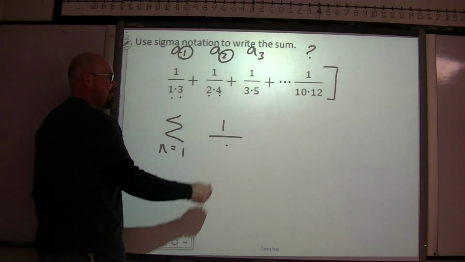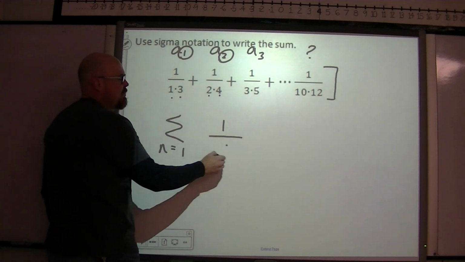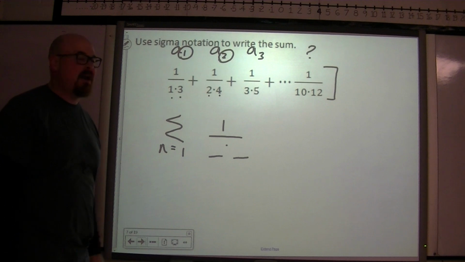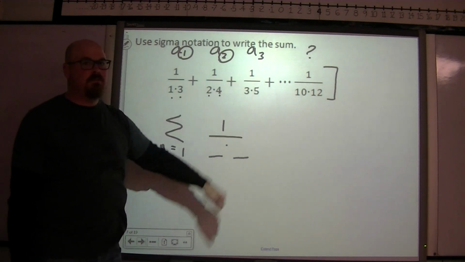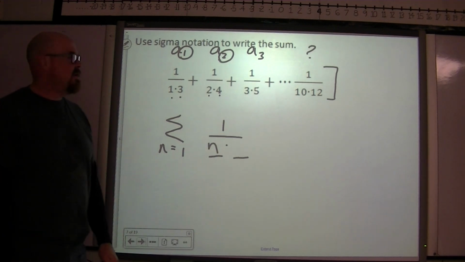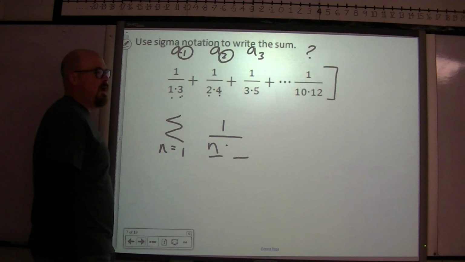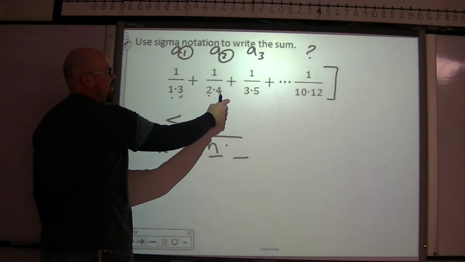So the basic bones of this problem are a 1 in the top and 2 numbers that are multiplied together in the bottom. It looks to me as though the first number is the term number. So I'm calling this n. The second number is what? Look at what do I do to 1 to get 3? What do I do to 2 to get 4?